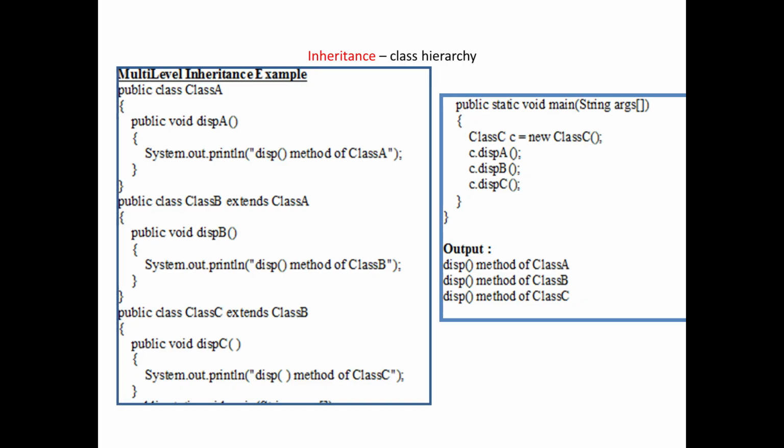This is an example program to illustrate multi-level inheritance. Here there are three classes: class A, class B, and class C. All three classes have one public method.